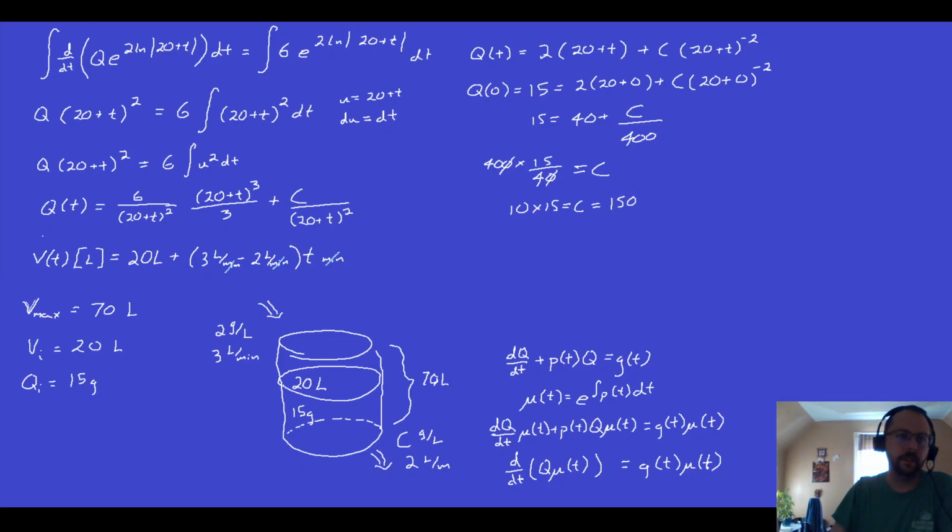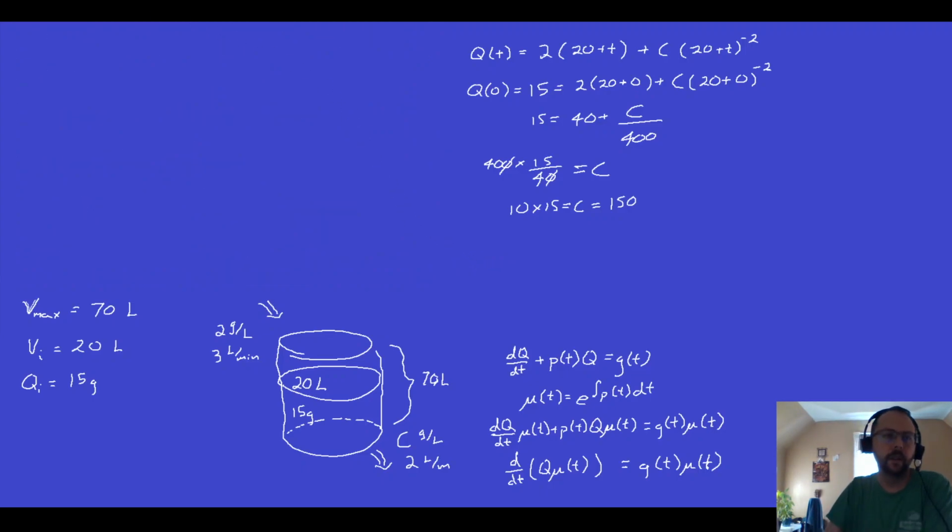So let's clean this up a little bit. All right. So back to our equation, we have Q of t equals, let's distribute that too.